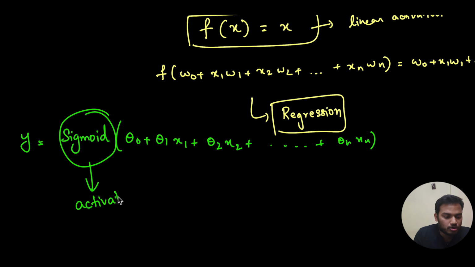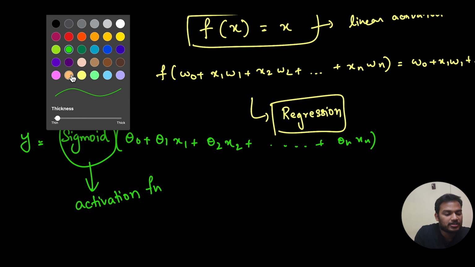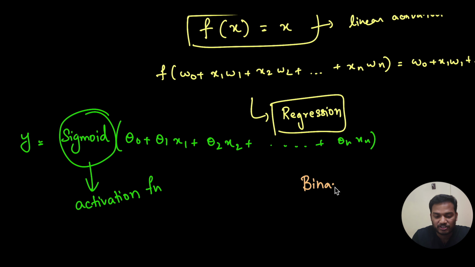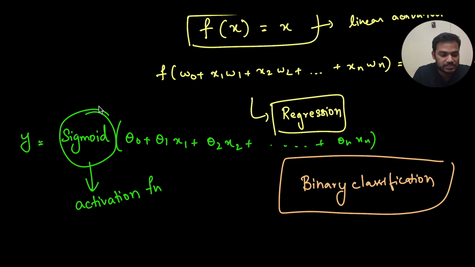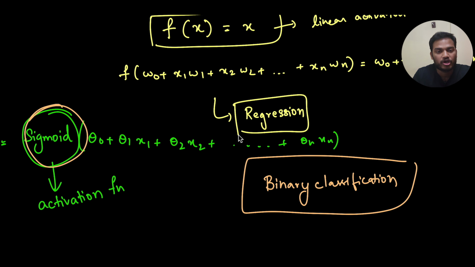Okay, so for solving what kind of problems can we use this activation function? Basically, in logistic regression, what kind of problems can we solve? If you remember, we can solve binary classification problems, right? So in order to solve these binary classification problems, we can simply use this particular activation function, that is sigmoid.